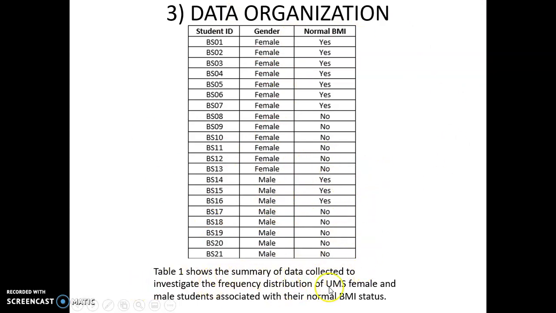That shows the summary of data collected to investigate the frequency distribution of UMS female and male students associated with their normal BMI status. So either they have normal BMI status or they do not.